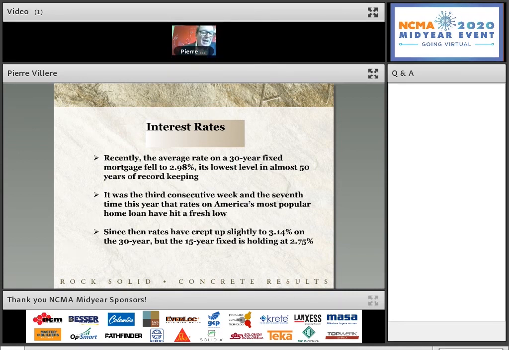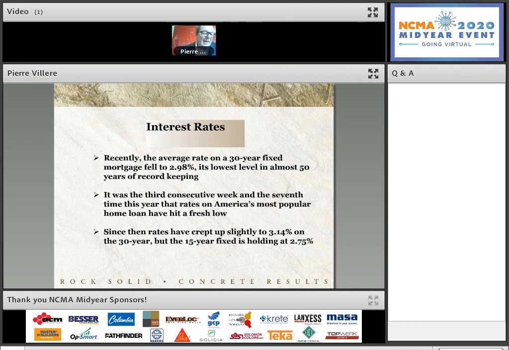At the time, it was the third consecutive week and the seventh time this year that rates on America's most popular home loans have hit a fresh low. Since then, the rates have crept up slightly to 3.14% on the 30-year, but the 15-year fixed is holding at 2.75%.